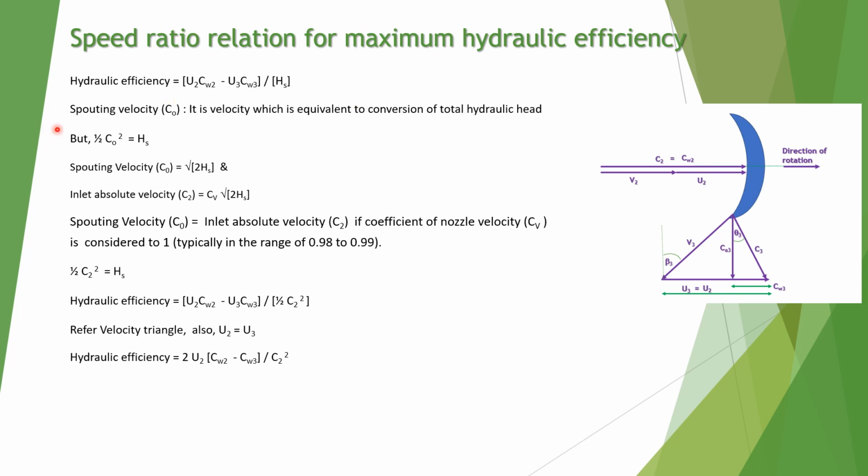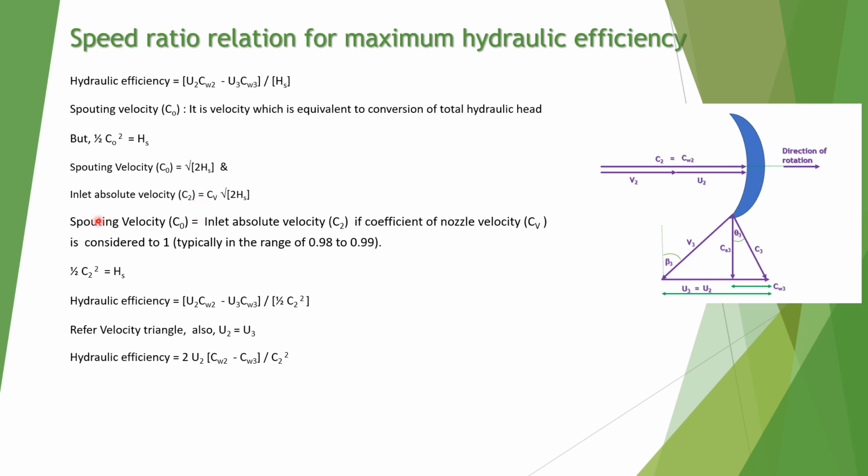So spouting velocity C0 is a velocity which is equivalent to conversion of total hydraulic head. So you can write half into C0 square is equal to HS. So spouting velocity C0 is equal to the square root of 2 into HS. And inlet mean absolute velocity C2 is equal to CV into the square root of 2 into HS.